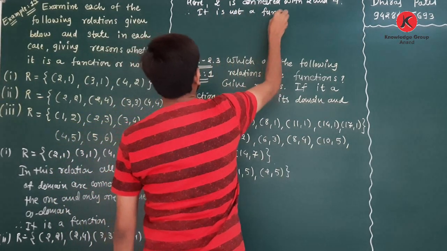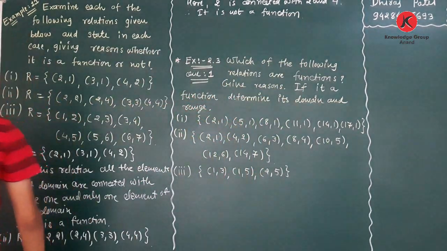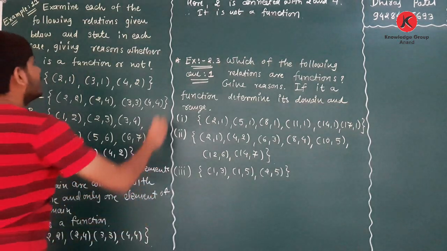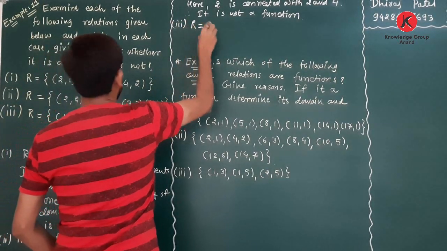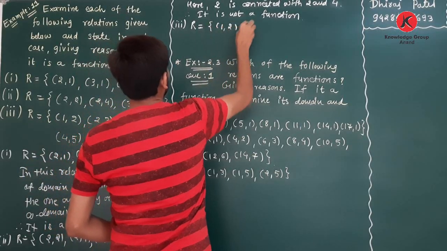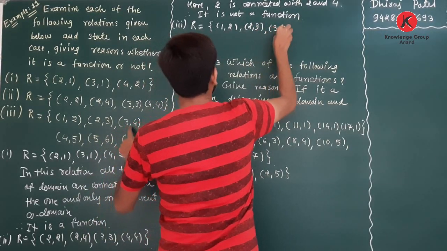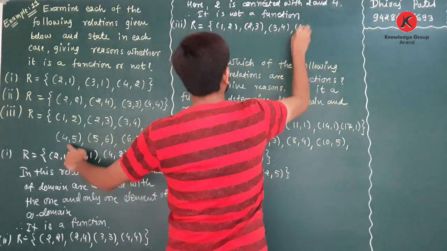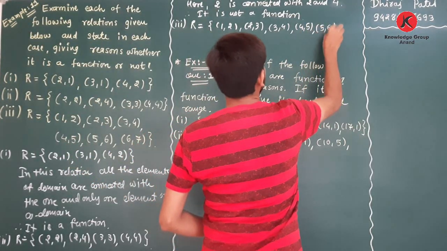Now we are going for the third relation. In the third relation R equals to 1 2, 2 3, 3 4, 4 5, 5 6 and 6 7.